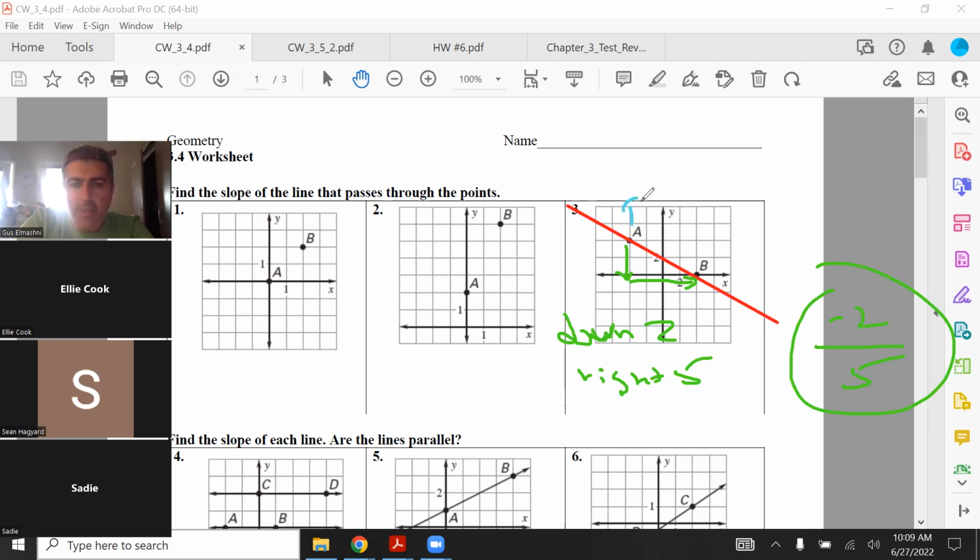But if you want, you could label the points, like A is at -4, 4. You gotta look at the scale here, because the scale is 2 units. I mean, obviously I went down 2 boxes. I should have said down 4, right 10.